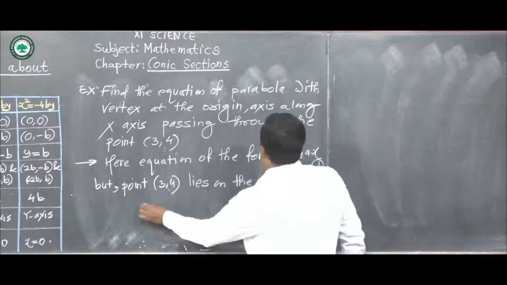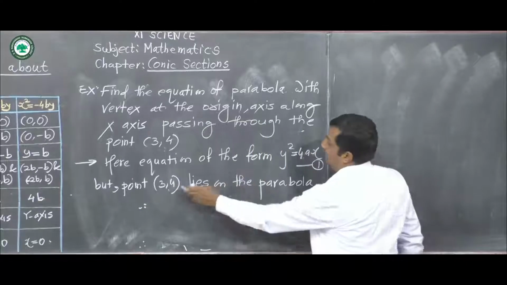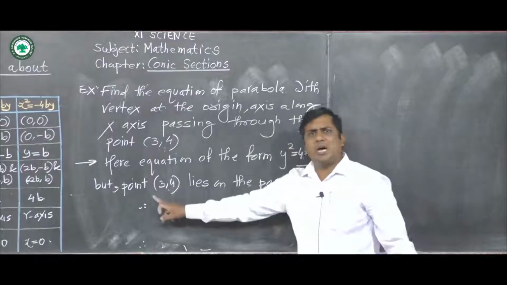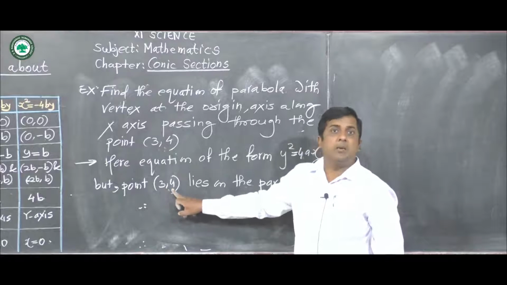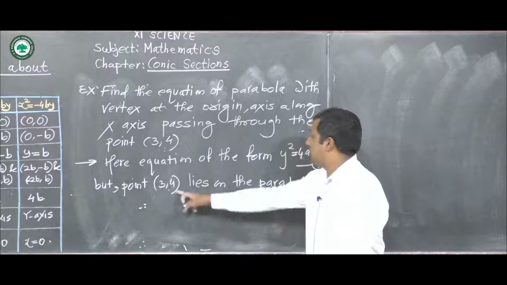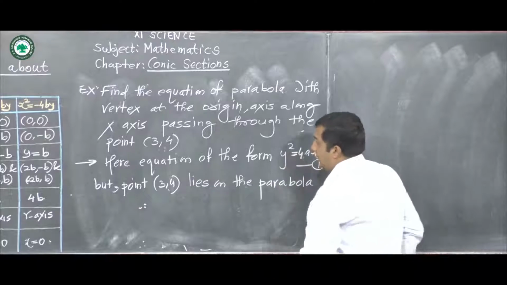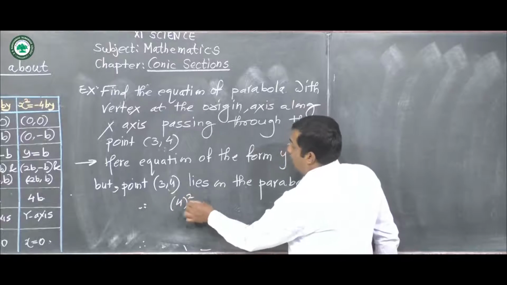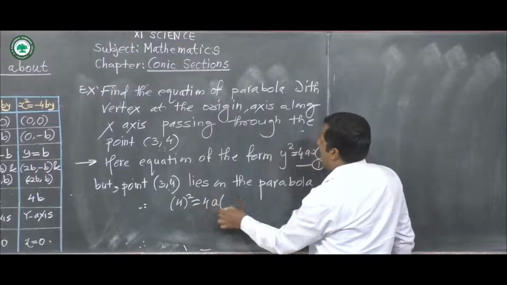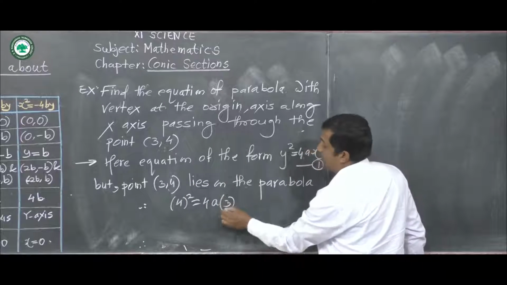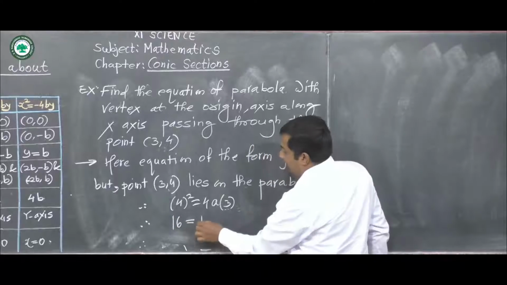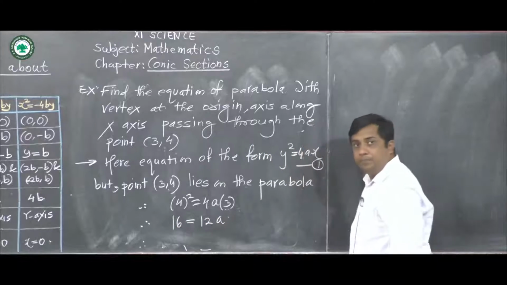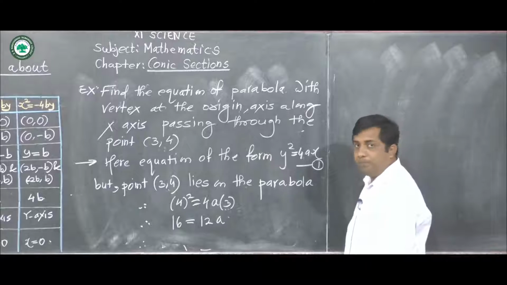We know these coordinates are of the form (x, y), where x is 3, y is 4. So we replace x and y in the given equation. Here we get 4 square is equal to 4a into x. We know x is 3. We know 4 square is 16 and this is equal to 12a.